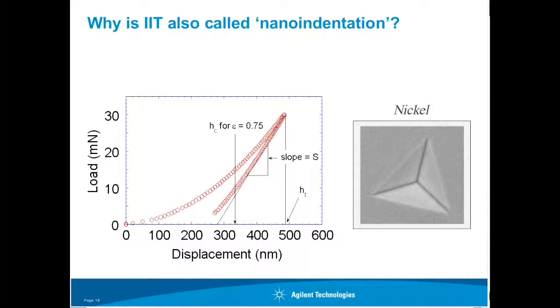Because we have this continuous force displacement data, we can know the contact area even when the contact is very tiny, and that is what allows us to do quantifiable indentation on the nanoscale.